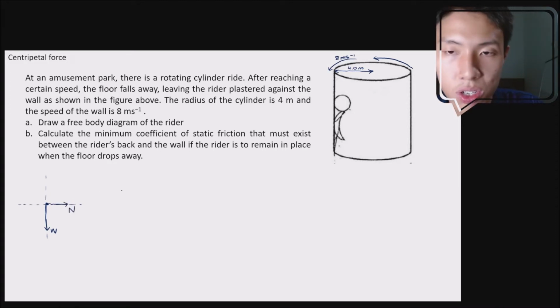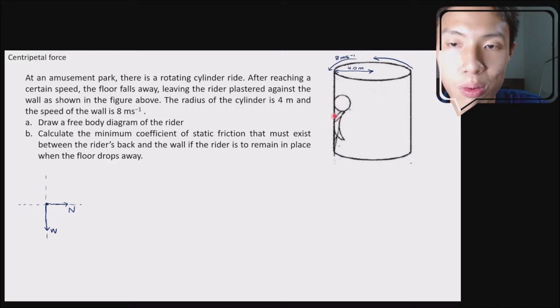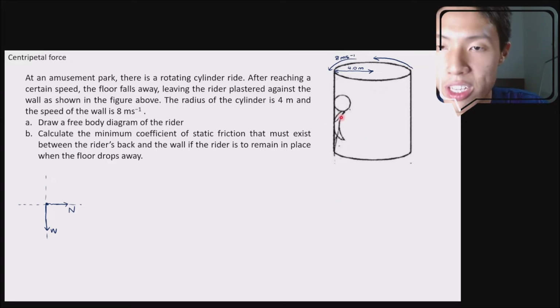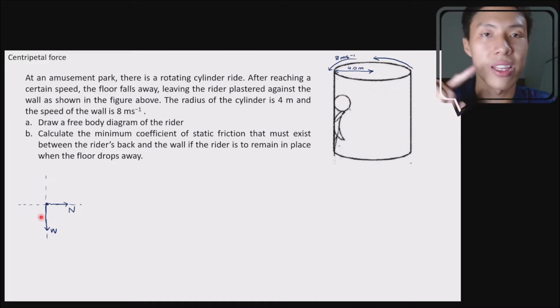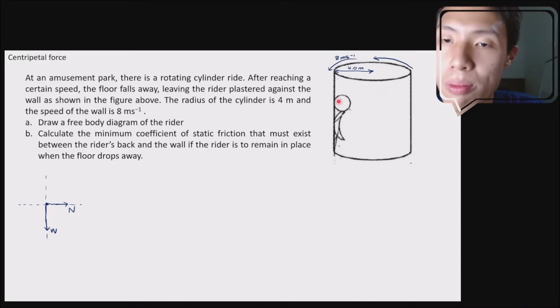Okay, so if we leave our free body diagram like this, then of course the rider will be falling to the platform. When the platform falls off, the rider should be falling along with it because there's no balancing force. The net force in the y-axis is pointing downwards. But that's not the case. What allows the riders to stay plastered on the wall without sliding downwards?